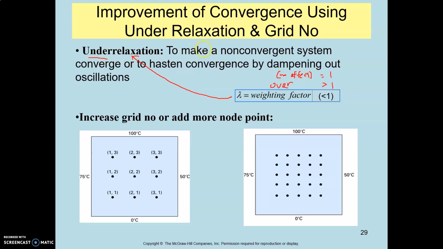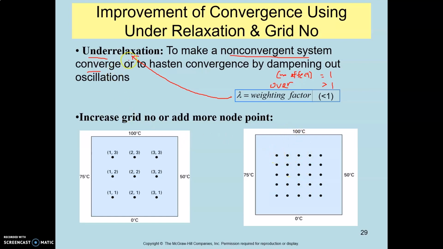So we are able to take a non-converged, diverged system and make it converge. Or in another way, previously we just took 9 points to make the estimation.